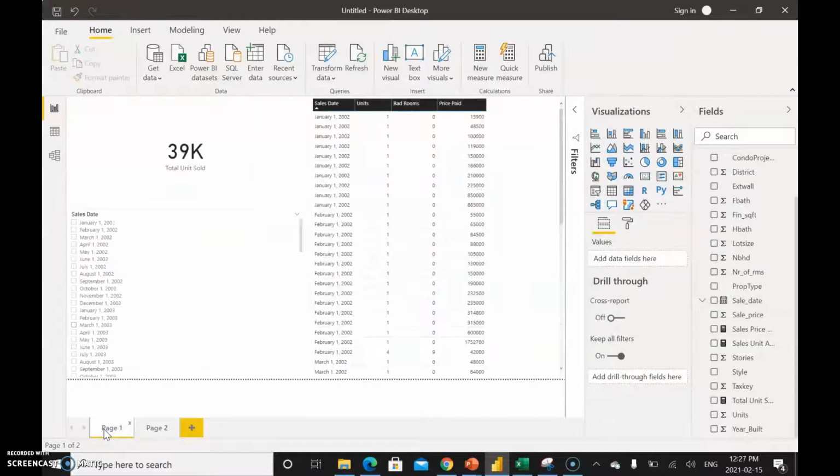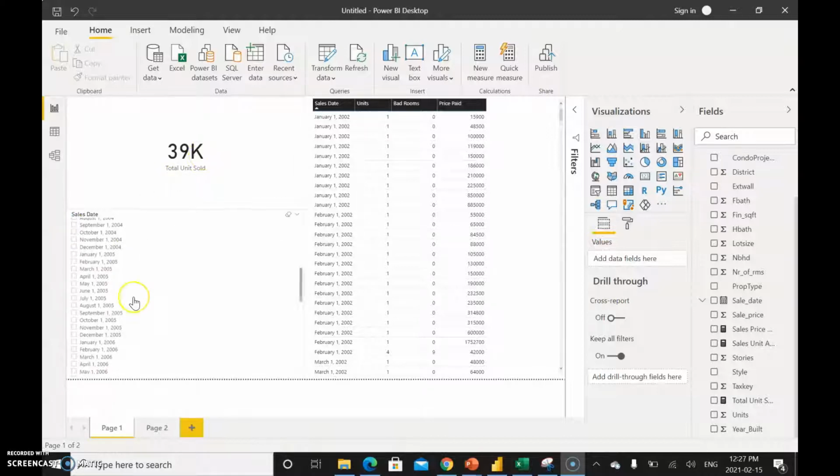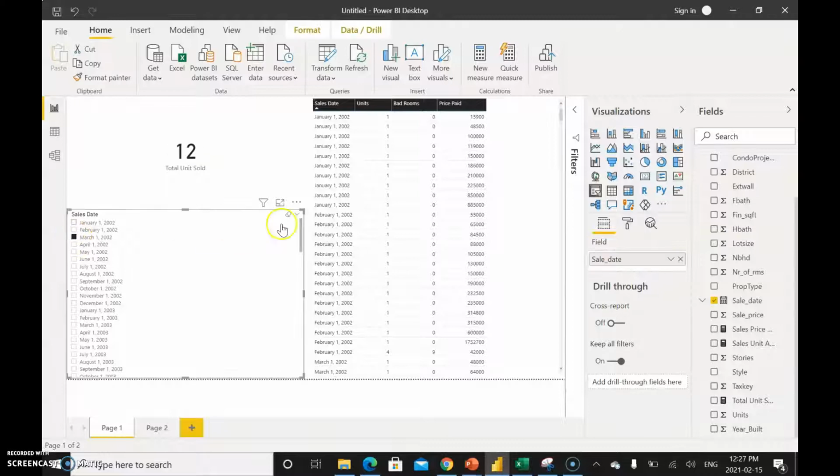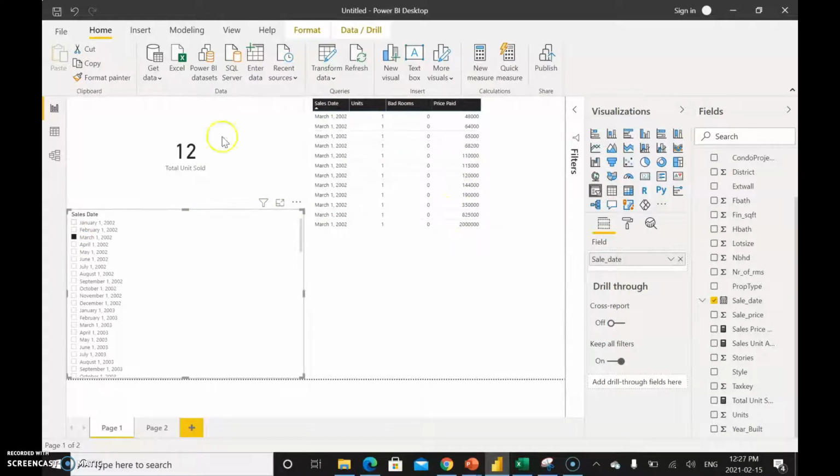So let's go to our page 1. As we can see over here, we have the information about the date of sale. In general, from 2002 to 2018, 39,000 properties were sold. And if we go for a specific date, as we can see on March 1st, 2002, we sold 12 properties in units.